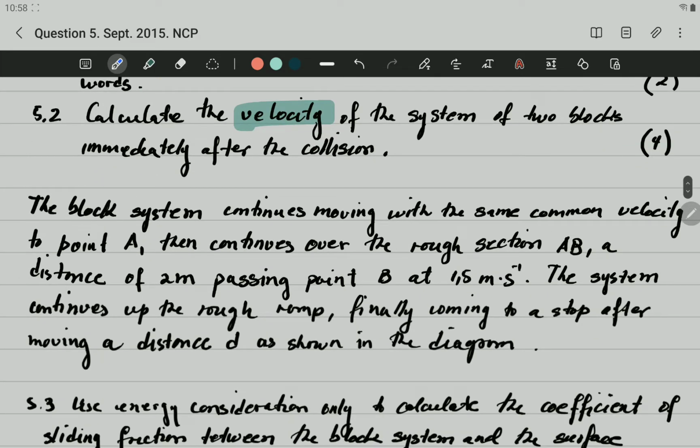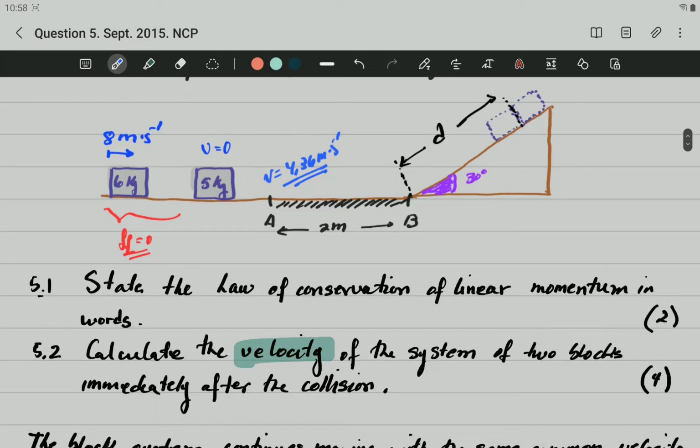Okay, and they say then continue over the rough section AB, a distance of 2 meters, passing point B at 1.5 meters per second, and the velocity here is equal to 1.5 meters per second. So we have an initial velocity here of 4.36 and a final velocity here of 1.5 meters per second.